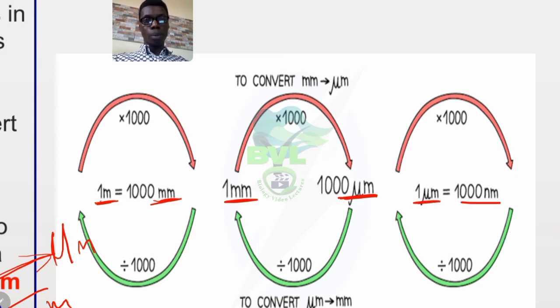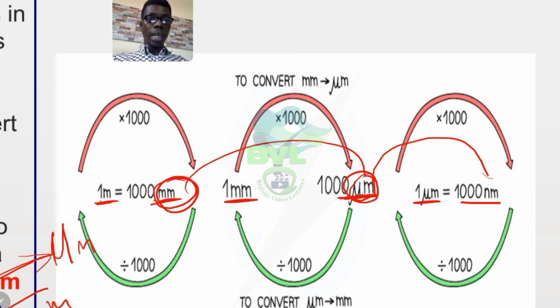This is very, very important. Now there's a rule that you need to remember. It means millimeter is bigger than micrometer, and micrometer is bigger than nanometer. That's the truth.